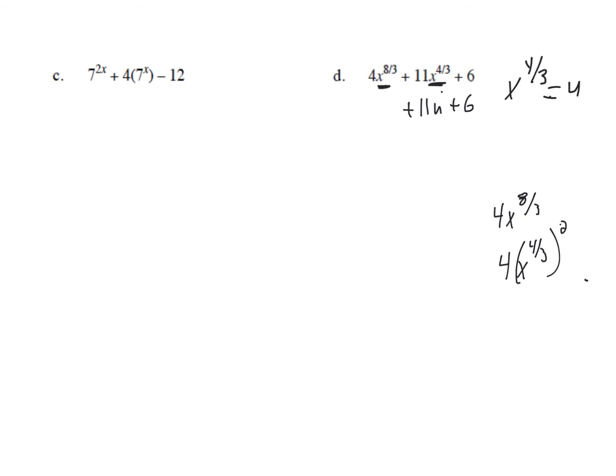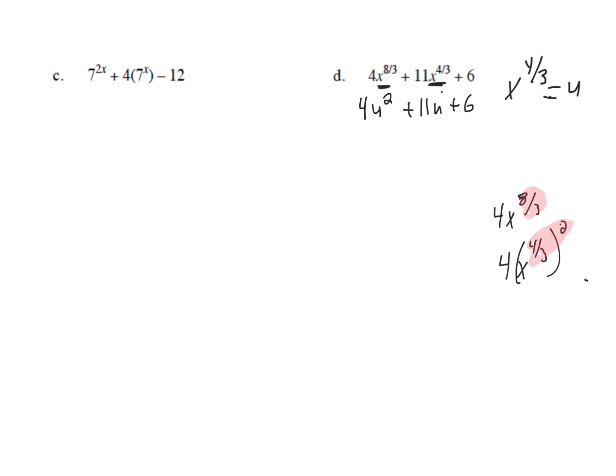And then if I take power to a power and multiply 2 times 4/3, I'm going to get 8/3. So I can really write this as 4u squared. I'm letting this be u, and then it's squared.